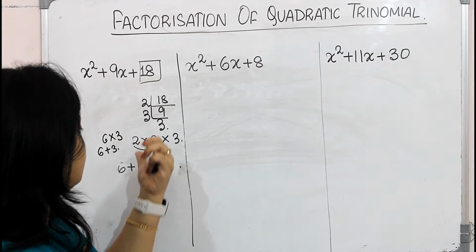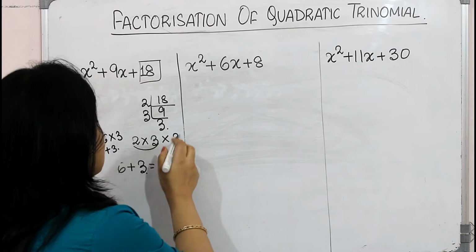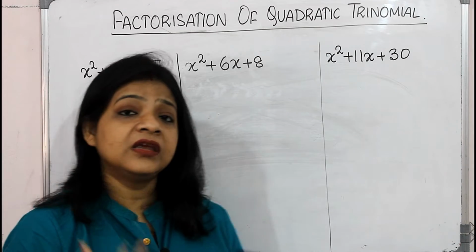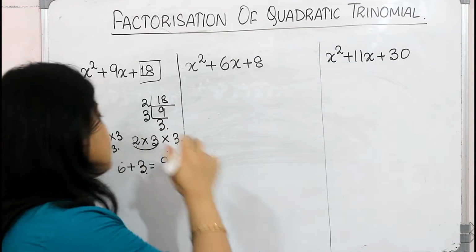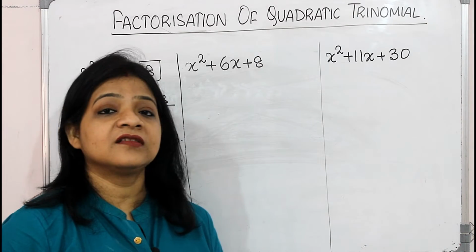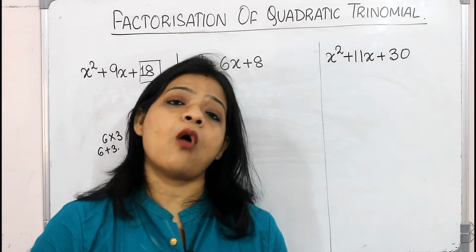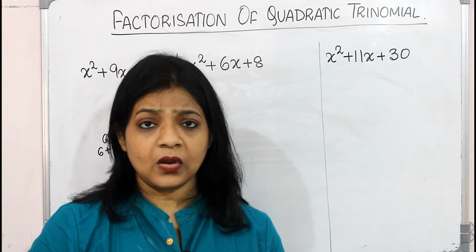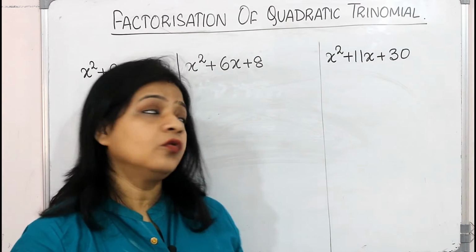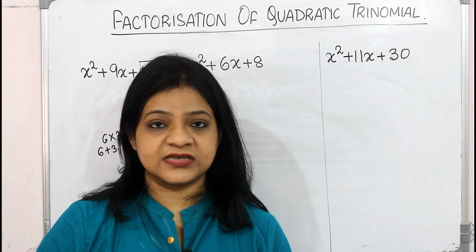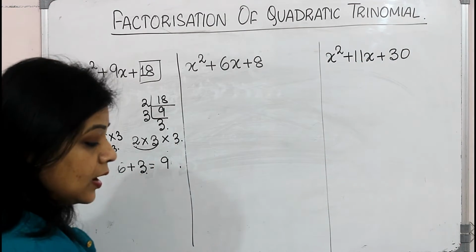Like here I have done 6 and 3; I could have done 3 into 3, 3 plus 3, or 6 plus 2, but it wouldn't serve the purpose. So you are to choose the factors in such a way that the sum is equal to the value of the middle term. I think it is clear to you. The things will be clearer when we solve some other sums. So here you see 6 plus 3 equal to 9.